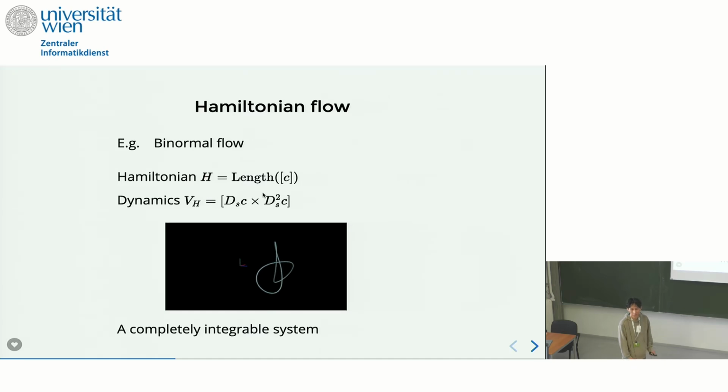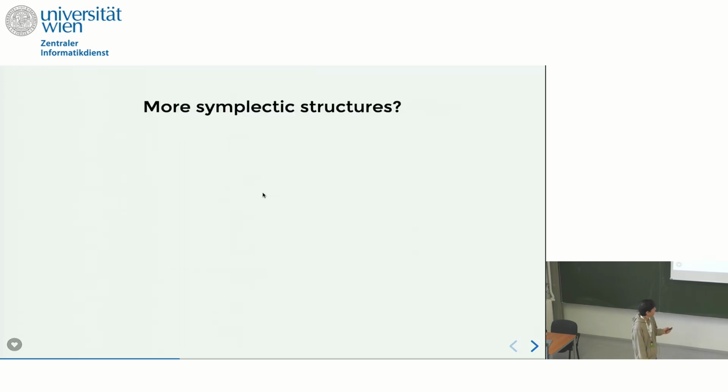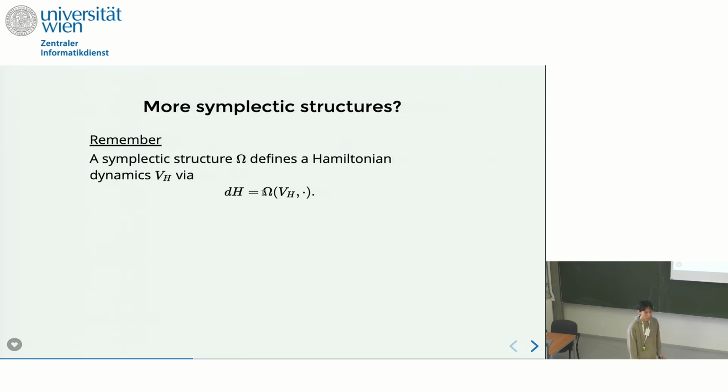And this is known to be a completely integrable system. This is one example of a Hamiltonian system that you can get from the Marsden-Weinstein structure. Now let's remember, the symplectic structure omega defines the Hamiltonian vector field. Of course, if you get another symplectic structure, this should give you another Hamiltonian flow.